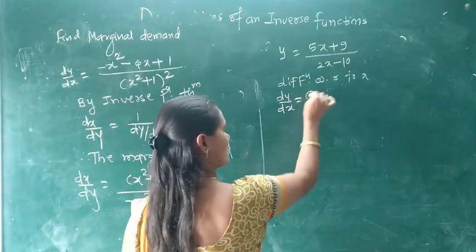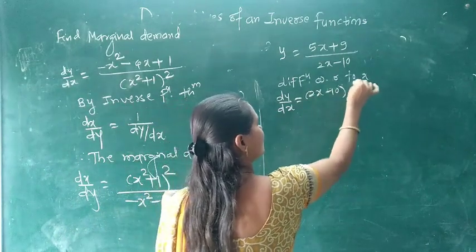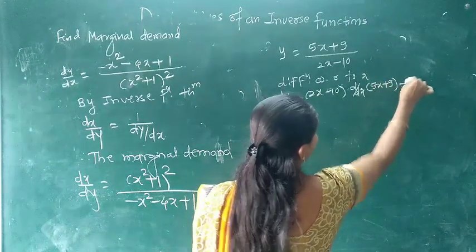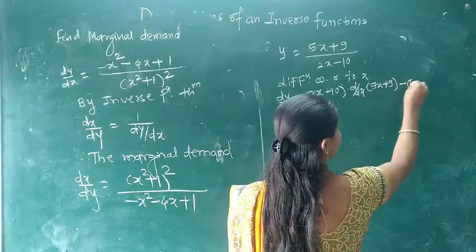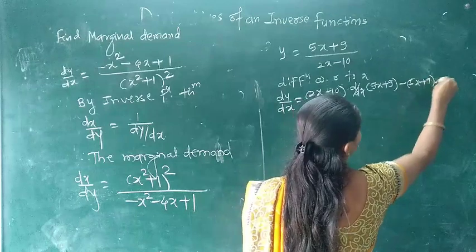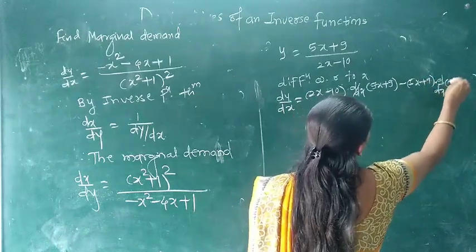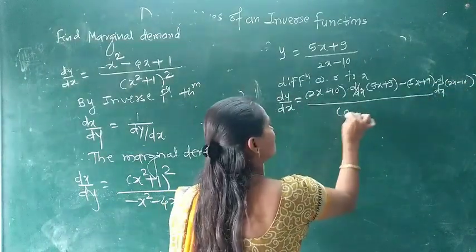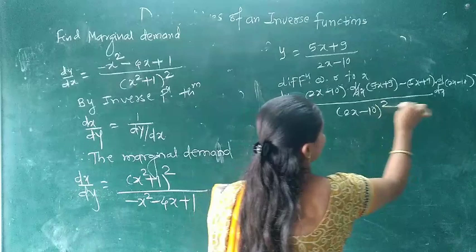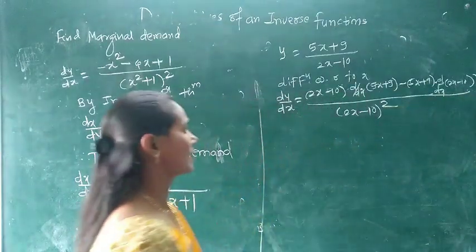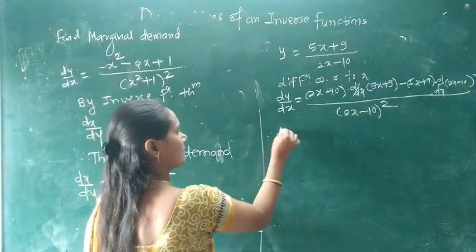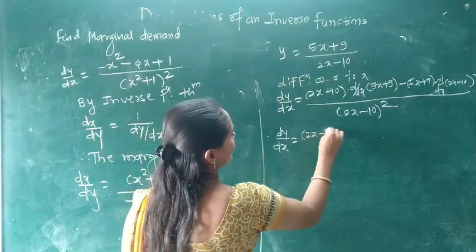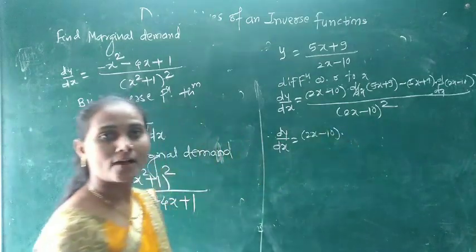So keep the second function, 2x minus 10, into the derivative of the first, 5x plus 9, minus, now the first as it is, 5x plus 9, into the derivative of 2x minus 10, upon (2x minus 10) bracket square.